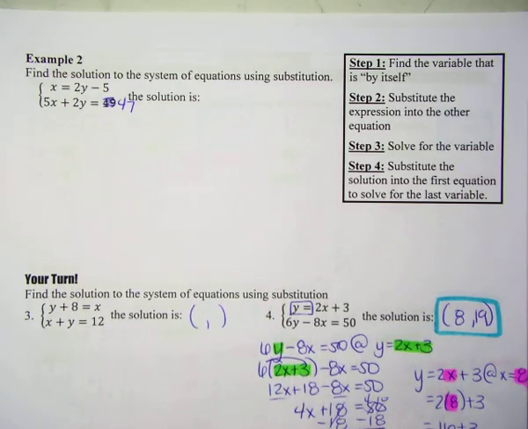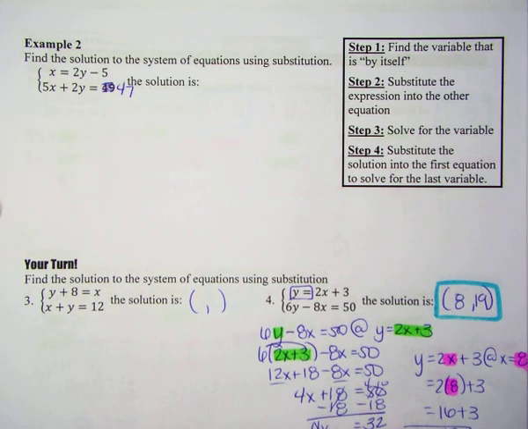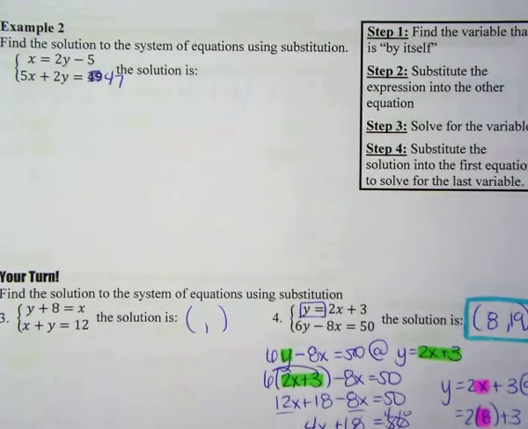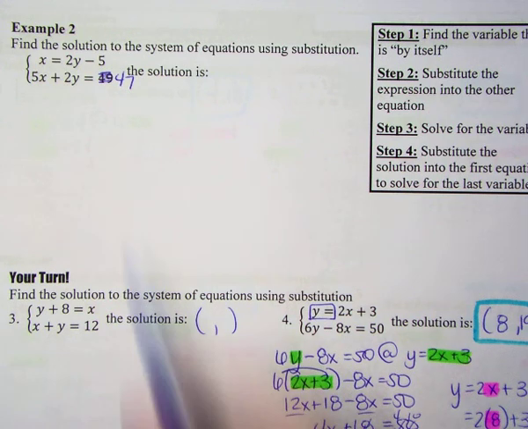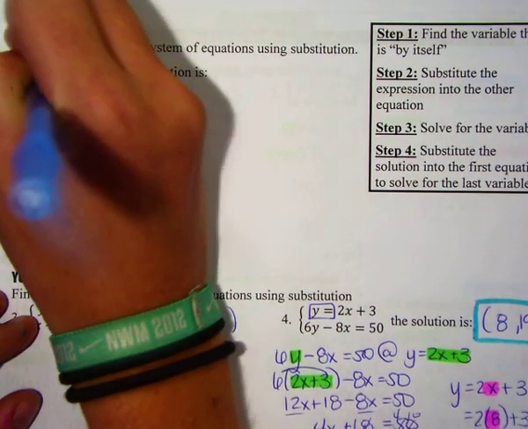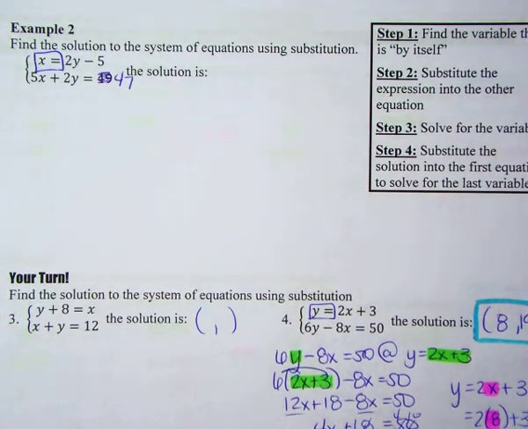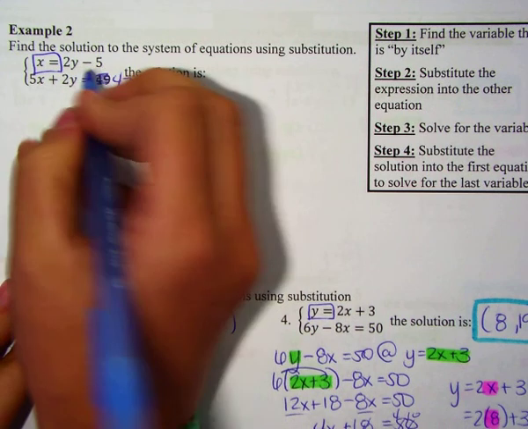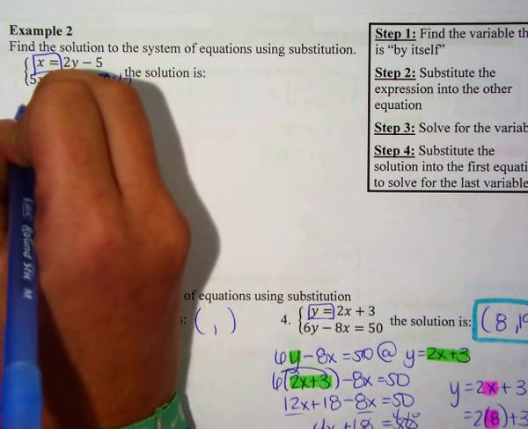Moving on, I'm going to do example 2 and then a couple of the problems from the homework. So example 2, first thing, I changed the number 49 to 47, and let's begin. Step 1, find the variable that's by itself. So I see here that x equals is by itself. Then step 2, substitute the expression into the other equation.